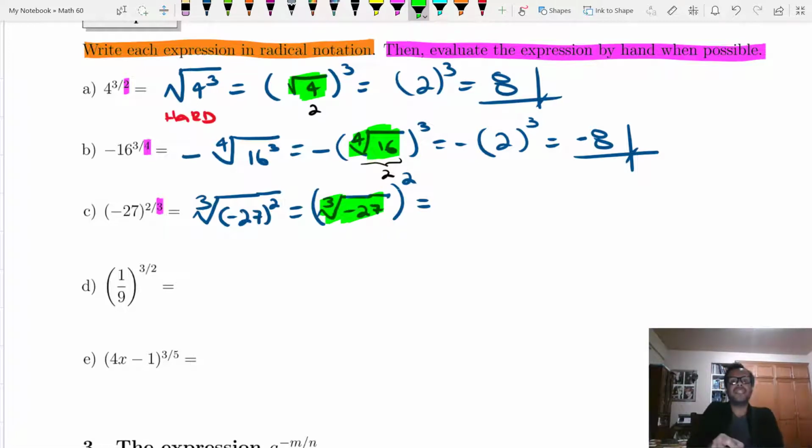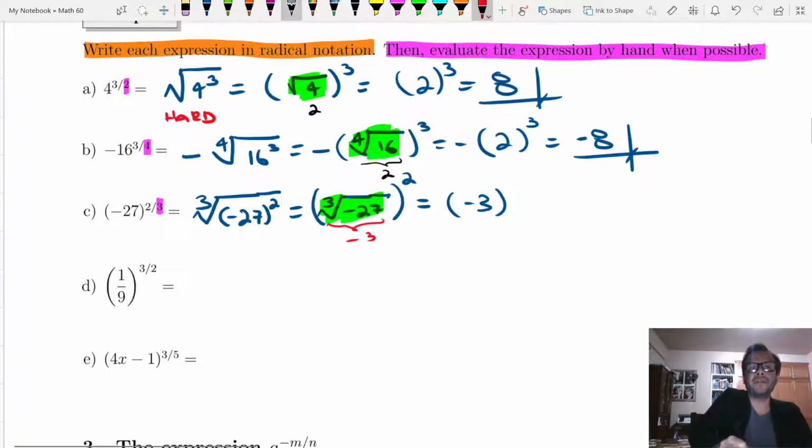Because the index is odd, we have a cube root, we can take the cube root of a negative number, and the cube root of negative 27 is the number whose third power equals negative 27. In this case, the number negative 3. So from here we get negative 3.